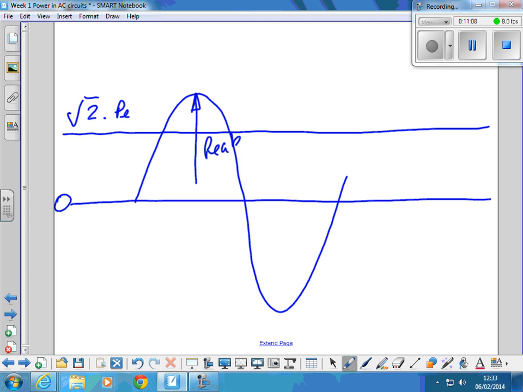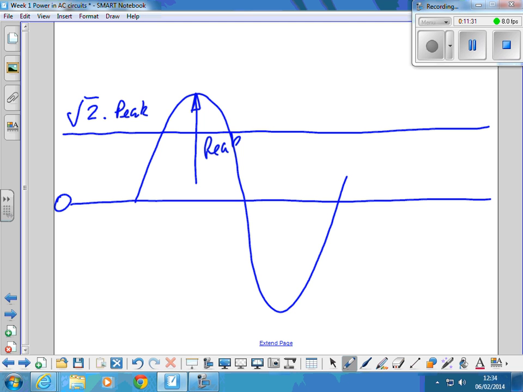It's a DC equivalent value and is a straight line. So when they say the mains from these sockets is 230 volts nominally, that's the RMS value. It's the value that would give the same power in the same load as the same voltage DC.